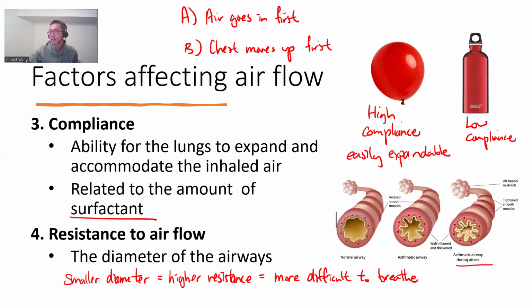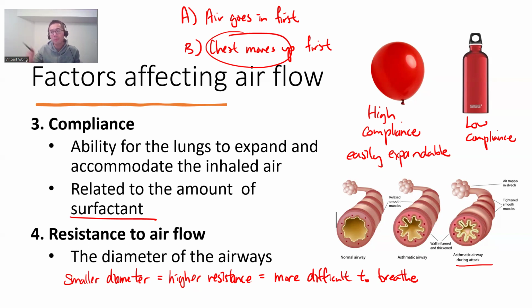All right, so here's the class results. Most of you think air goes in first and then the chest moves out. It's very obvious, right? It almost seems like, what do you mean? Look, breathe in and then the chest goes out. But actually, I'll tell you now that the chest movement is a requirement for the air to move in.